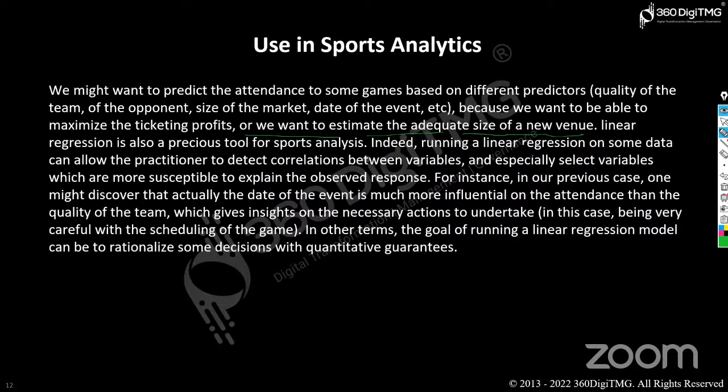Indeed, running a linear regression on some data can allow the practitioner to detect correlation between variables and especially select variables which are more susceptible to explain the observed risk. For instance, one might discover that actually the date of an event is much more influential on the attendance than the quality of the team, which gives insights of the necessary actions to be taken.